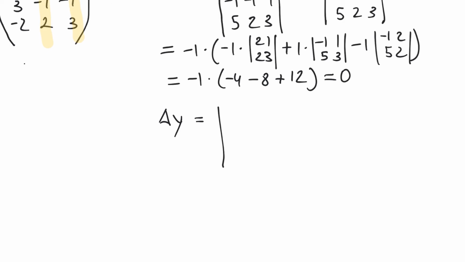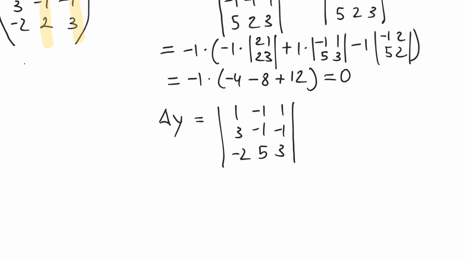If we substitute into the original matrix, so it's 1, 3, -2, and we have -1, -1, 5, and we have 1, -1, and 3. So let's see what we can do here.